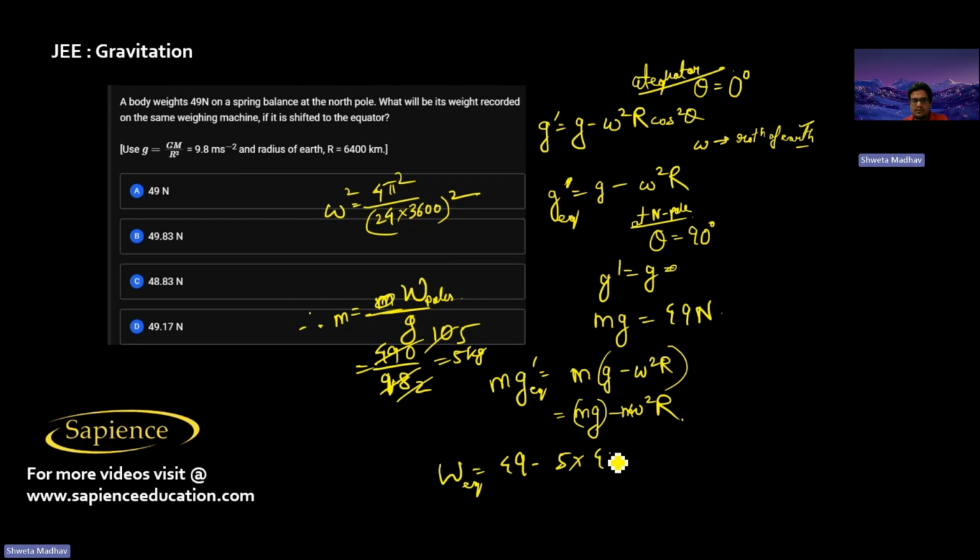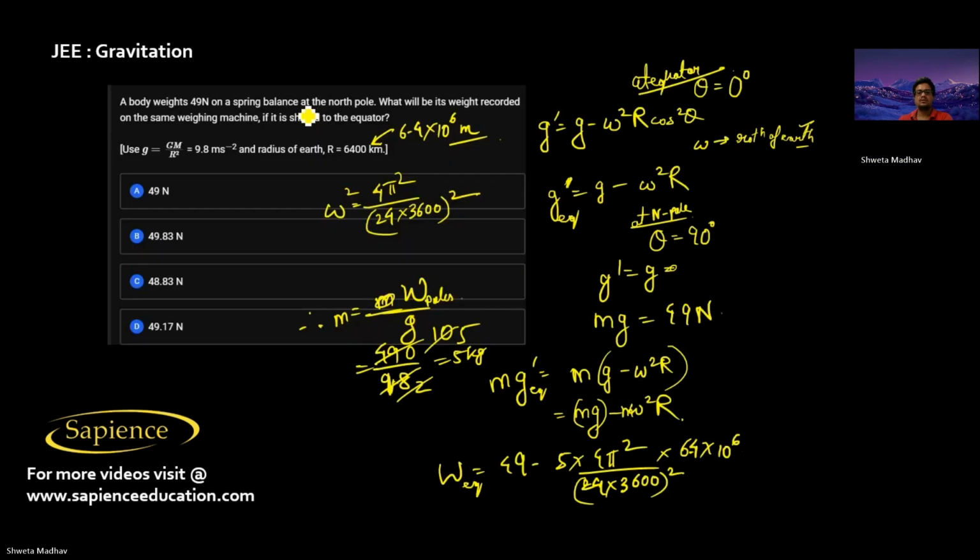So this is 4 pi square by (24 into 3,600) whole square, into the radius of Earth, 6.4 into 10 power 6 meters. Therefore, the weight at the equator will be 49 minus something, so it will be less than 49. Only one option is less than 49, so option C is the correct answer.